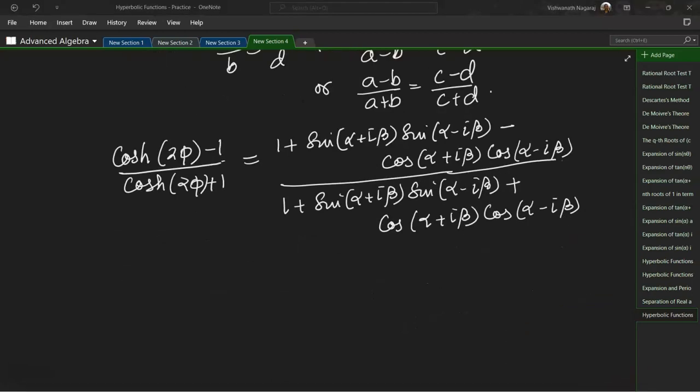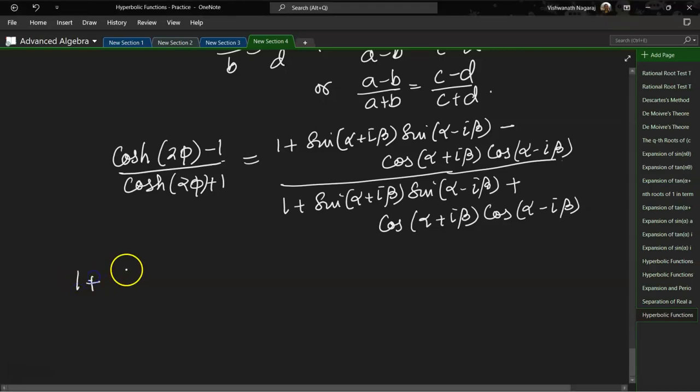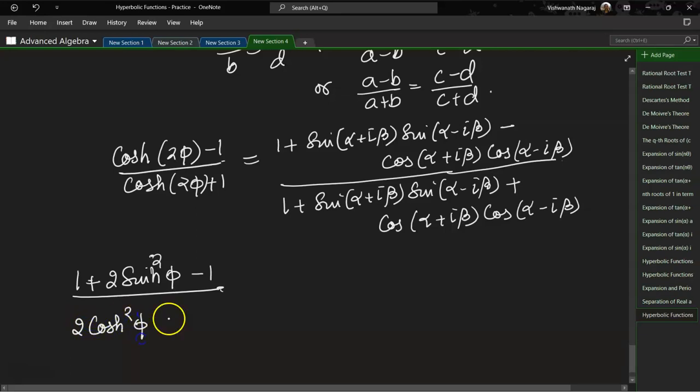Now let's apply some identities. Hyperbolic cos of 2φ is equal to 1 plus 2 sinh squared φ, and minus 1 divided by cosh 2φ plus 1 is equal to 2 cosh squared φ minus 1, and we have plus 1 here. This is equal to 1 plus.